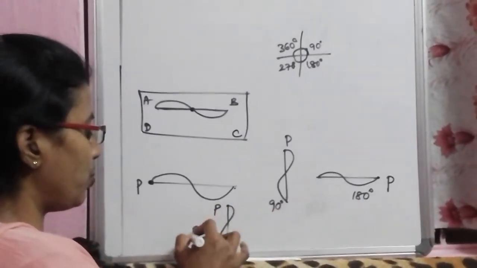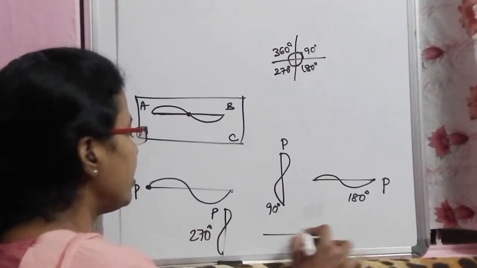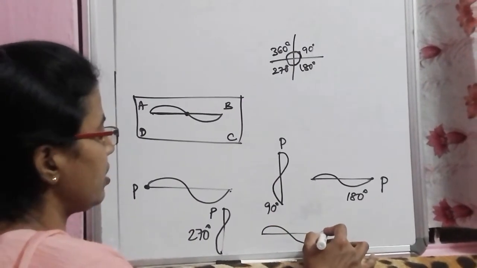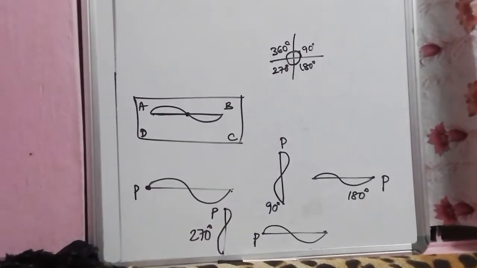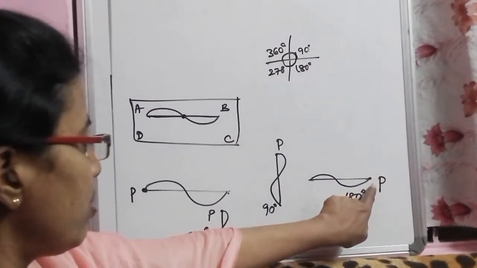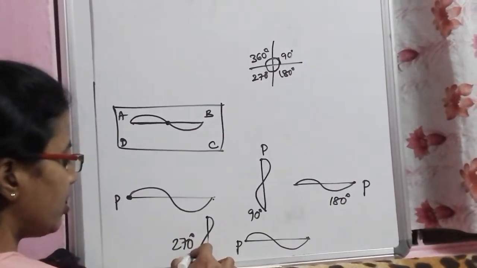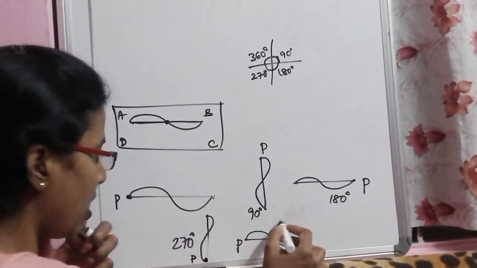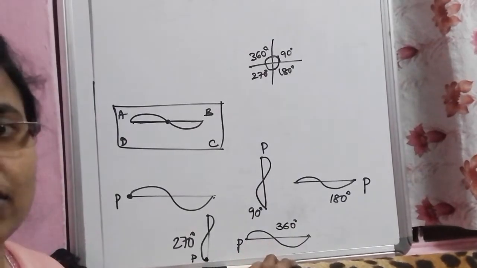This is going to be P. This is 270 degrees and if you rotate once again, this is going to be the original shape and this is P. Understood this part? When you rotate, P is going to come this side. P is down, and once more if you rotate, this is 360 degrees and the shape is same.